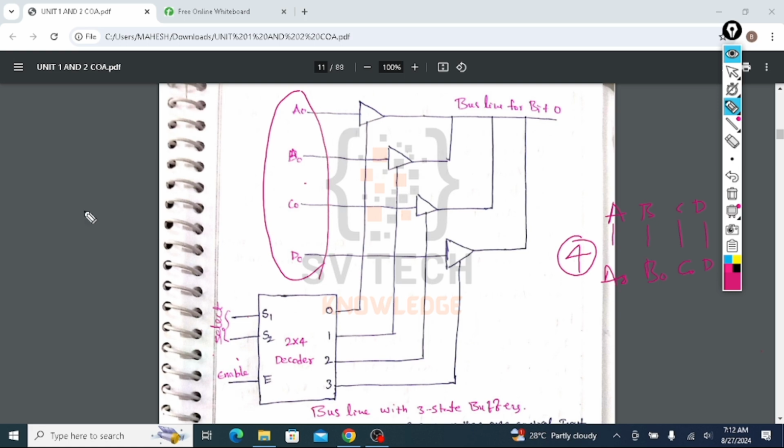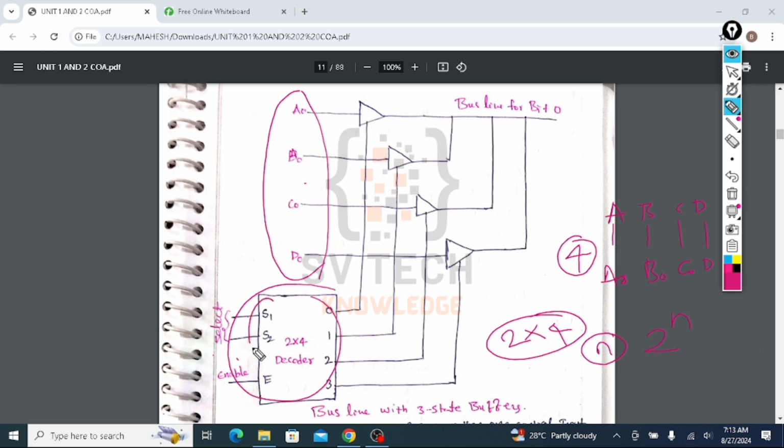The first bit of all registers will be connected to a normal input of the tri-state buffer, and the control input will be given by a 2x4 decoder. So what is this 2x4 decoder? A decoder is a combinational circuit which takes n inputs and gives 2 power n outputs.